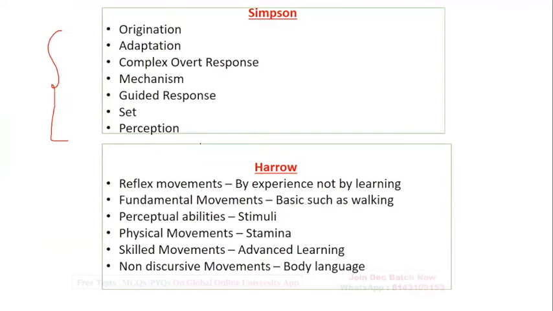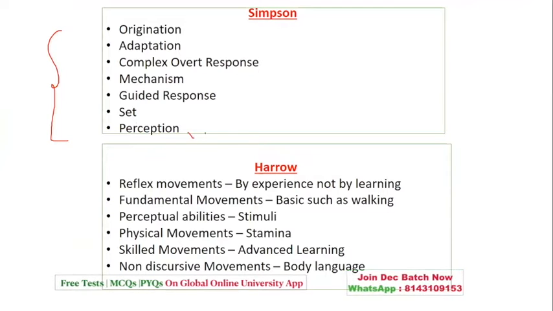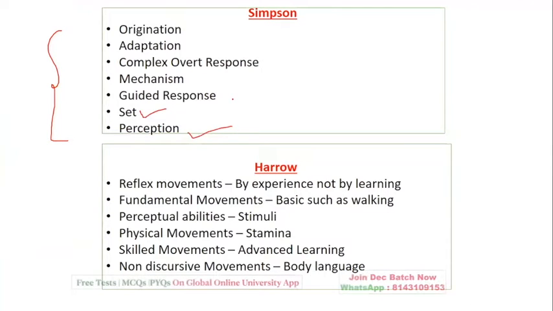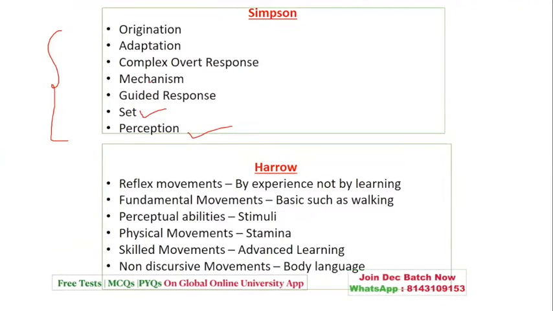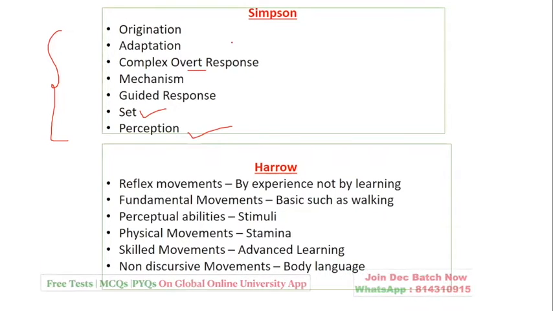In Simpson's taxonomy, it starts with perception, set, guided response, mechanism, complex overt response, which means the one where the act is done, then adaptation and origination.